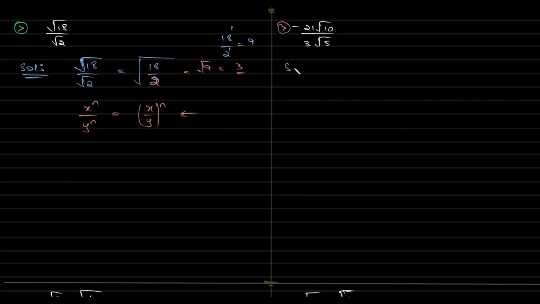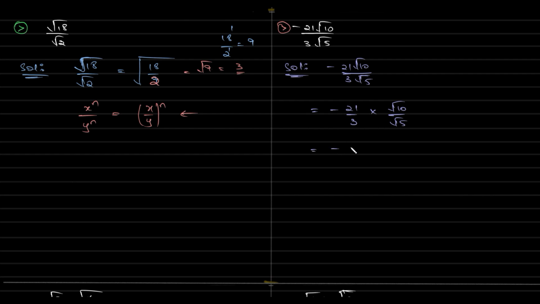Next question. So we just have numbers and roots combined. Since all of this is multiplication and division, I can just rearrange them. Minus 21 by 3 into root 10 by root of 5.